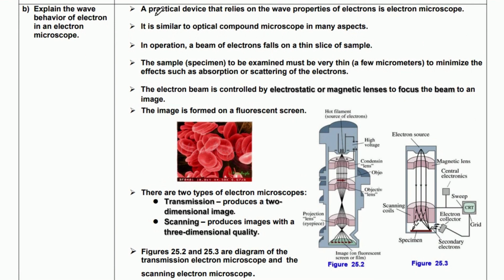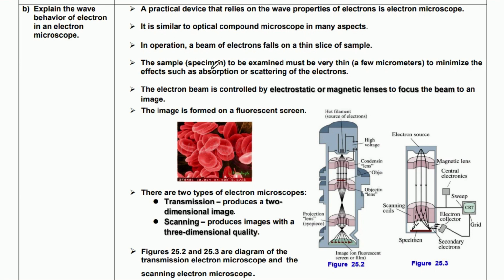Okay. So, a practical device that relies on the wave properties of electron is an electron microscope. It is similar to the optical compound microscope in many aspects. So in operation, a beam of electron falls on a thin slice of sample.